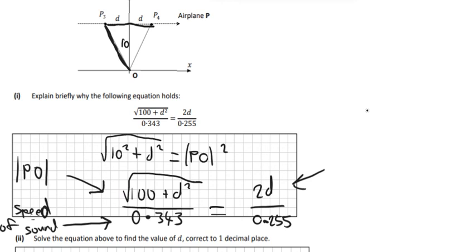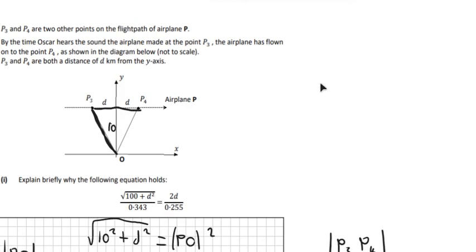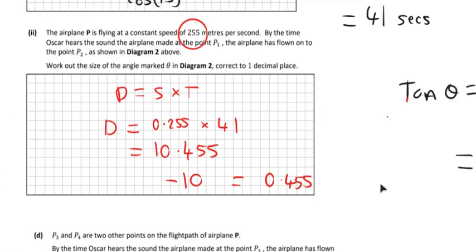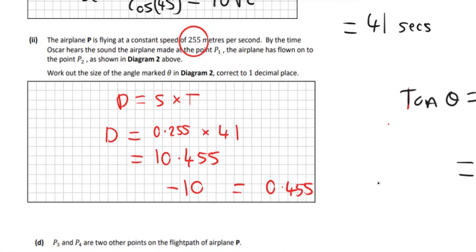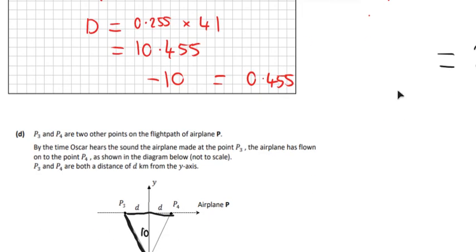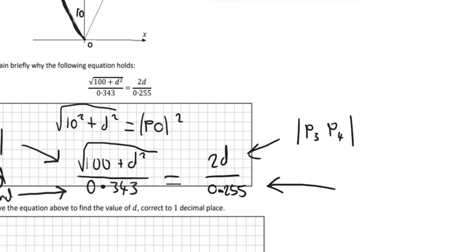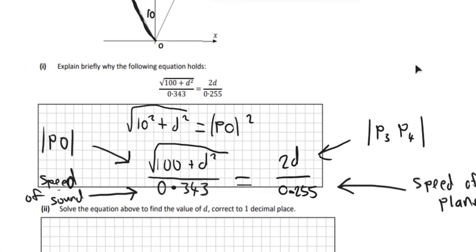The bottom part, the 0.255, that's just the speed of the plane, isn't it? Yeah. So the aeroplane is flying at a constant speed of 0.255. And that's where each of the things come from.